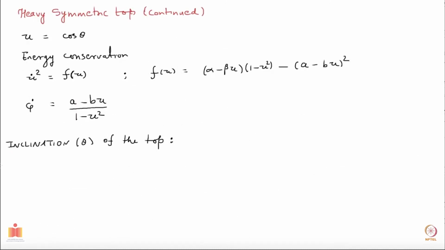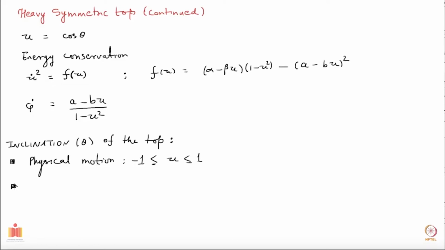So point number 1 is the physical motion. Okay, it happens in the range -1 to 1 for the variable u, which corresponds to theta equal to 0 and theta equal to pi. Okay, that's one piece of information we have.